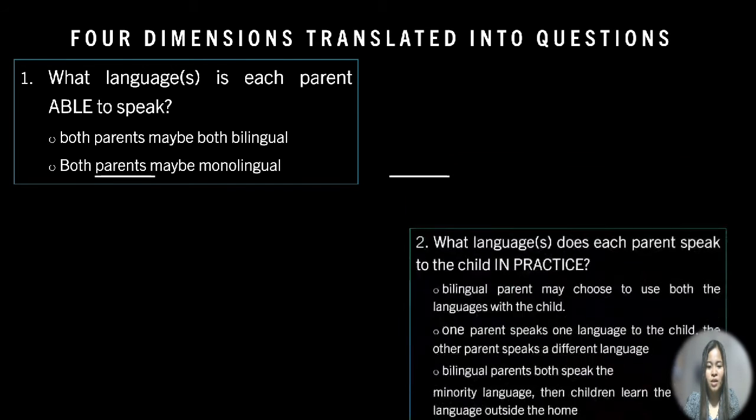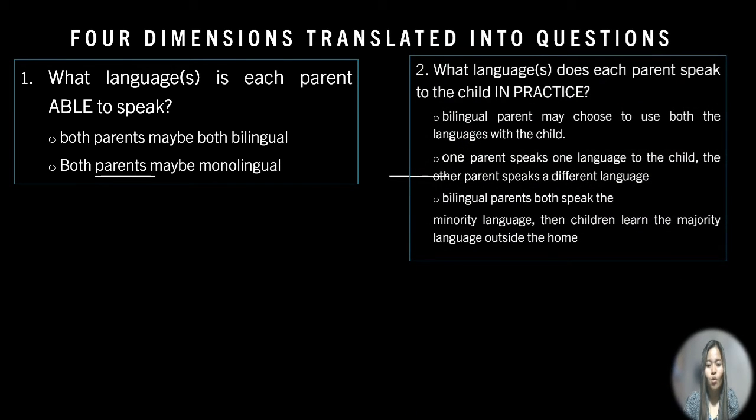The second dimension is: what language or languages does each parent speak to the child in practice? While parents may have the ability to speak both languages to their children, there is often a conscious decision about which language to use with the child from birth upwards.